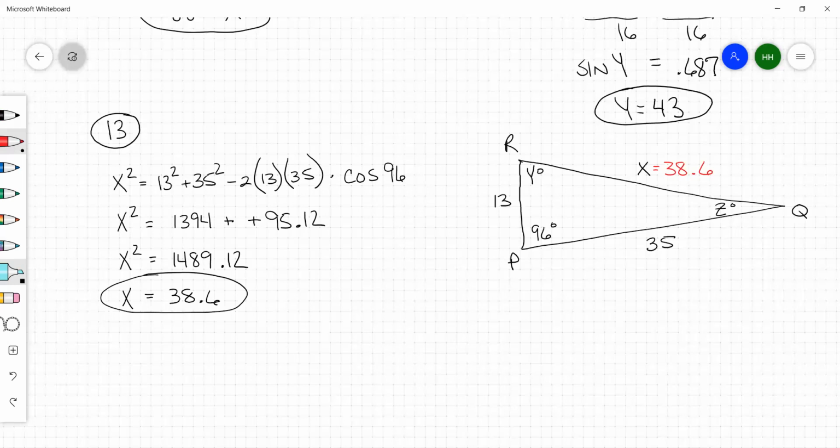Now we can go back to law of sines. I'll solve for Y because it's next alphabetically. So our law of sines says that the sine of an angle, sine of 96, over its opposite side, 38.6, is equal to the sine of an angle, sine of Y over 35.